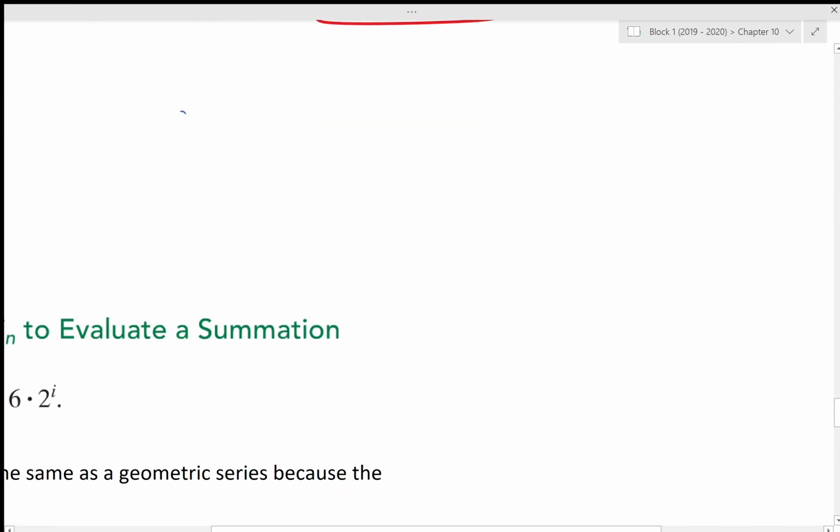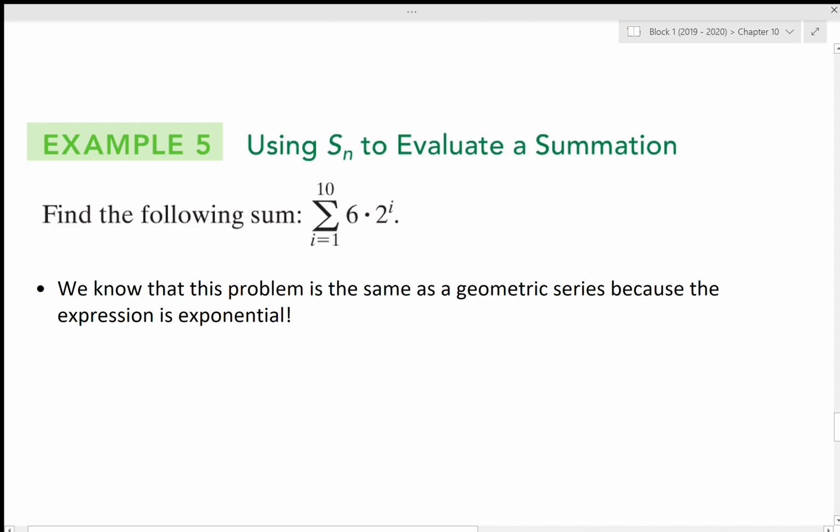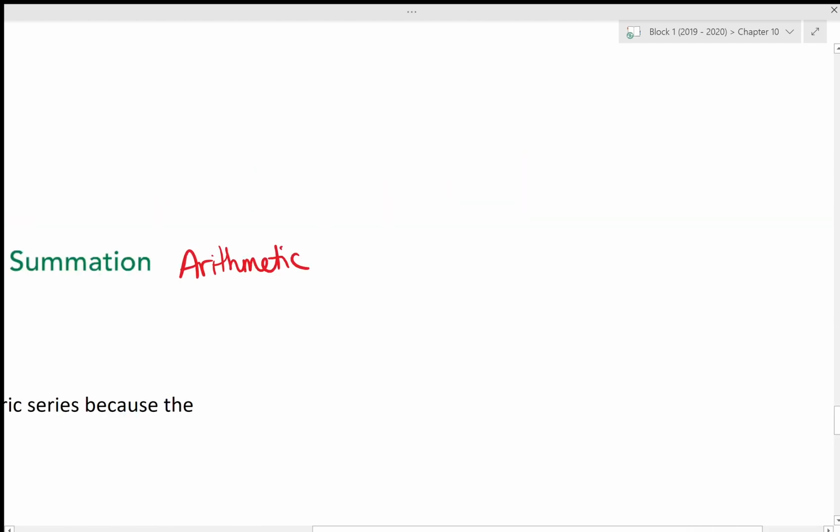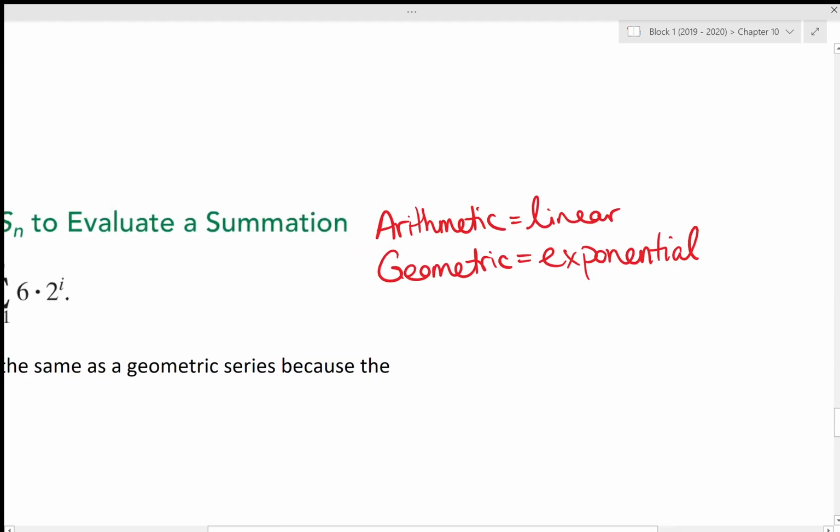Now, remember when we had summations, right? Remember that arithmetic was linear, right? And geometric is exponential. So, a little similar, all right?